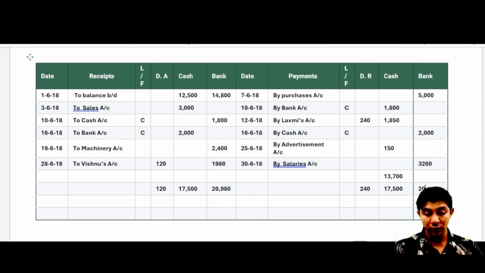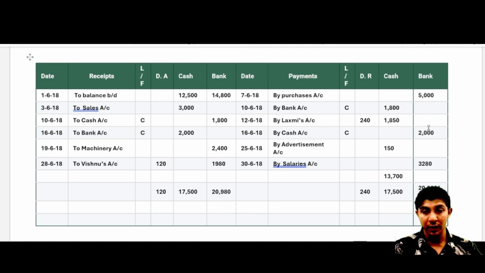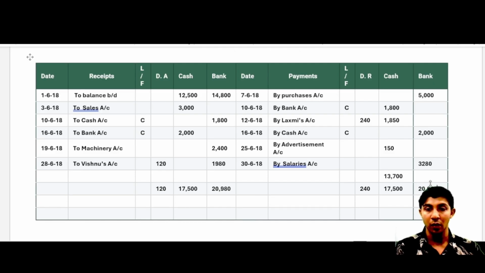So 20,980. Done. And from this 20,980 we need to subtract 5,000, 2,000 and 3,280. Done. So the balance will be 10,700 in the bank column.